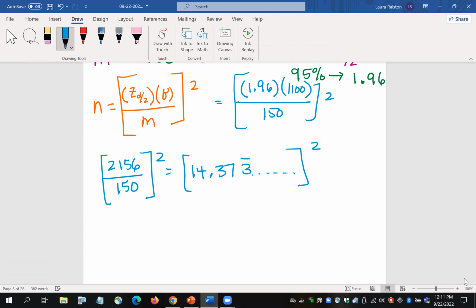We're going to square it, which gives me 206.592711, and it keeps going. So again, I'm going to round this, and it's going to round to 207 people. Again, it's better to have one too many than not to have enough.